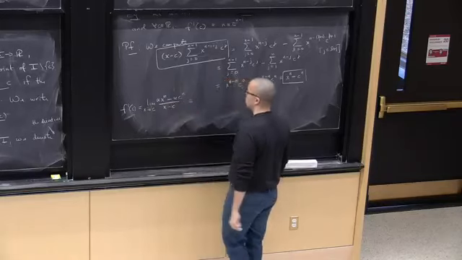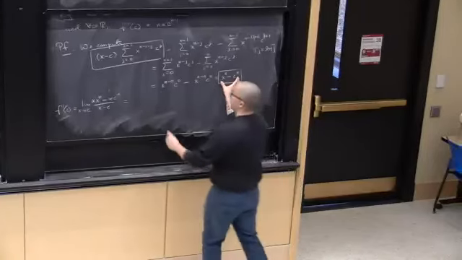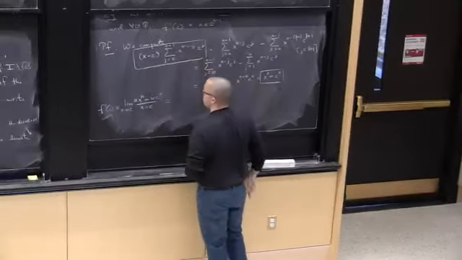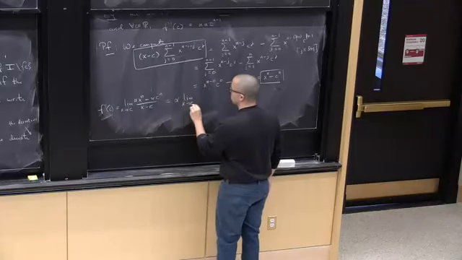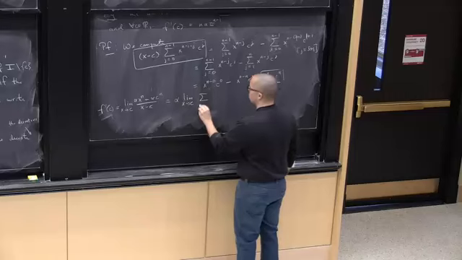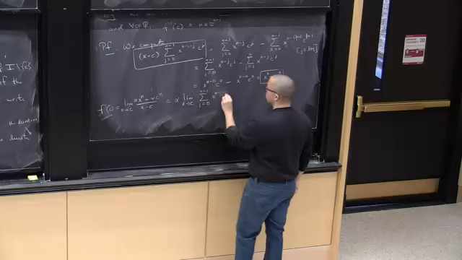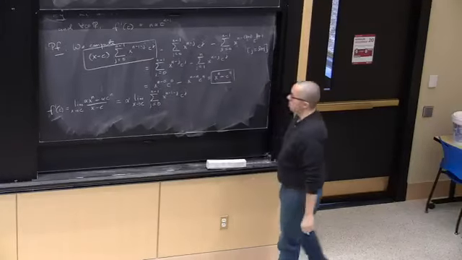Now alpha is just a number, it can pop out. x to the n minus c to the n divided by x minus c is this thing divided by x minus c, so this is equal to alpha times the limit as x goes to c of the sum from j equals 0 to n minus 1, x to the n minus 1 minus j, c to the j.